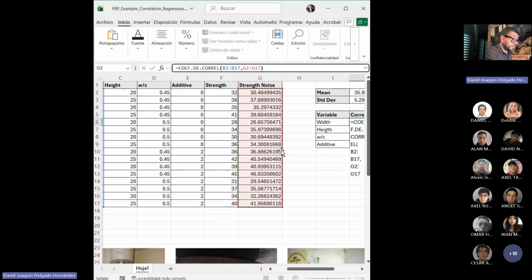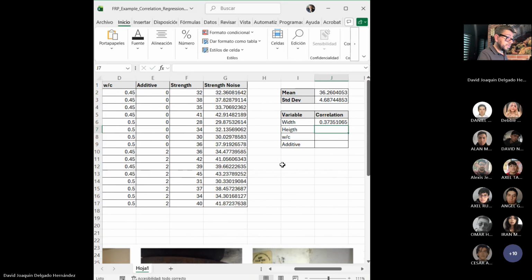Okay, so I let this formula here. And then you put enter. So this is the correlation coefficient.